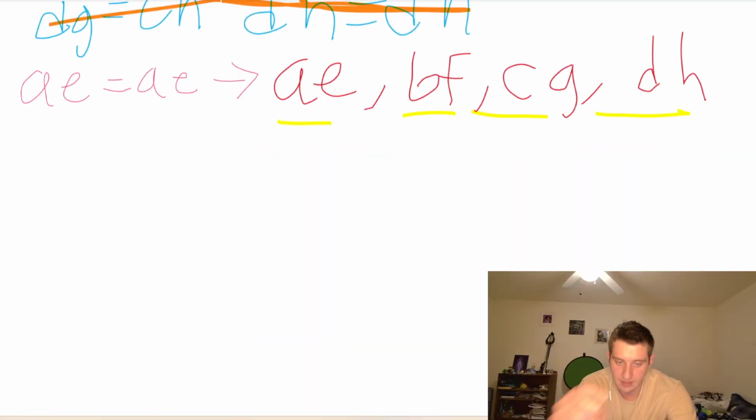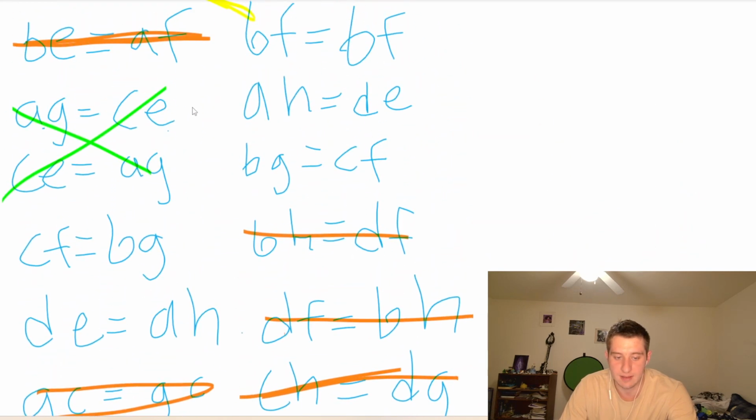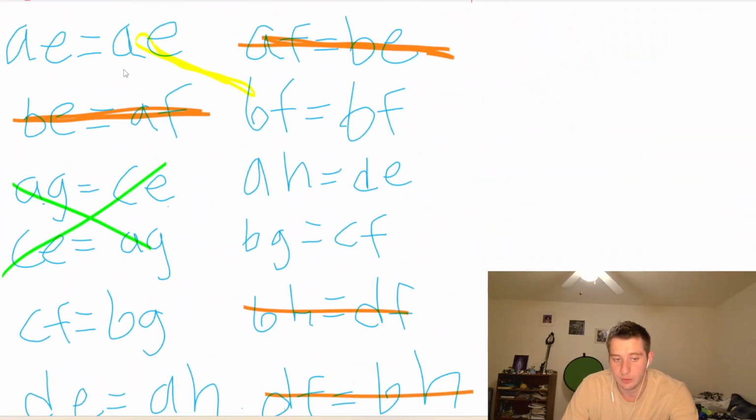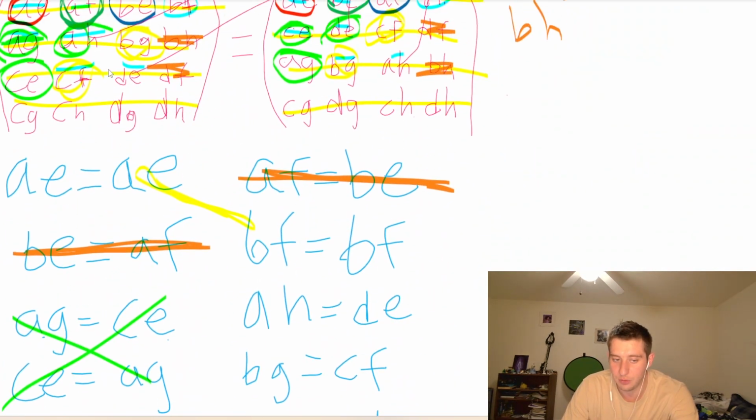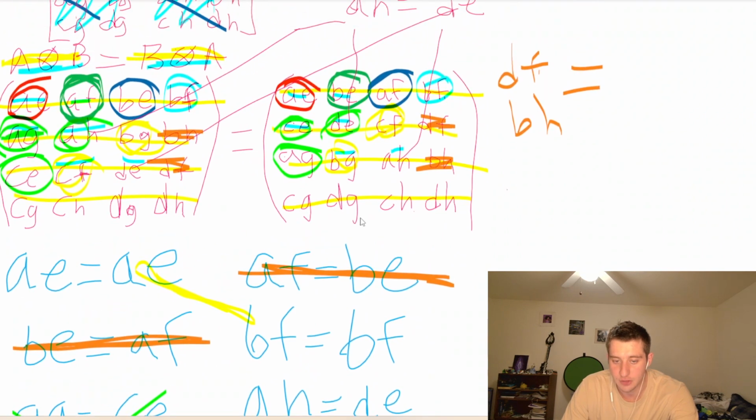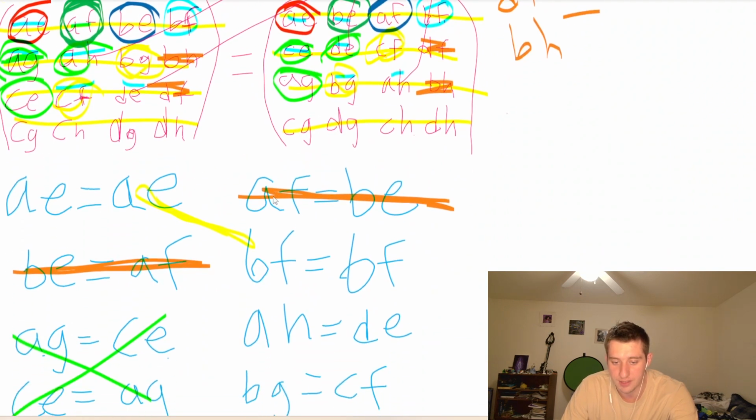The next thing we'll do is list the rest of the equations. The fun thing about this is that in all of these equations, nothing is without a duplicate. Everything has a duplicate somewhere, so this simplifies nicely.